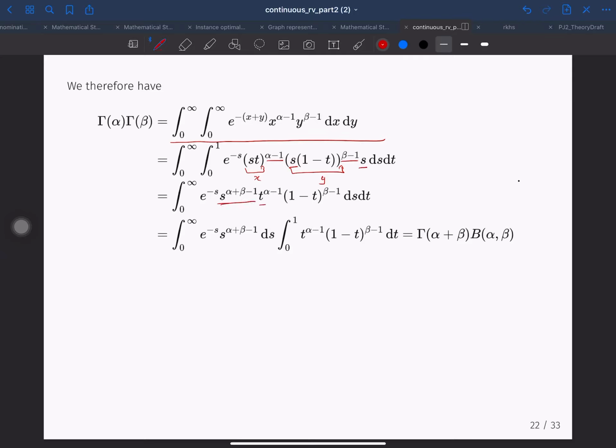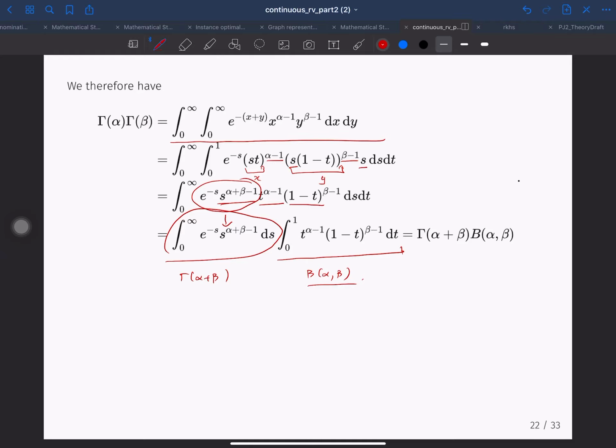And similarly for t^(alpha-1) and (1 minus t)^(beta-1). And so this integral here depends on s only, so you can move it outside the first integral. And this is nothing but gamma of alpha plus beta. And this is the definition of B(alpha, beta). And so you get the result as we claim.